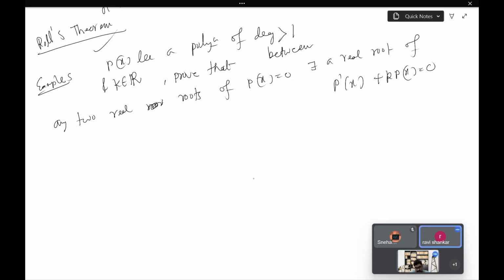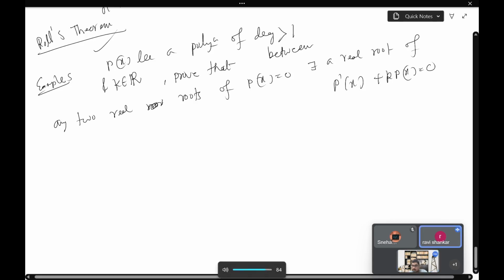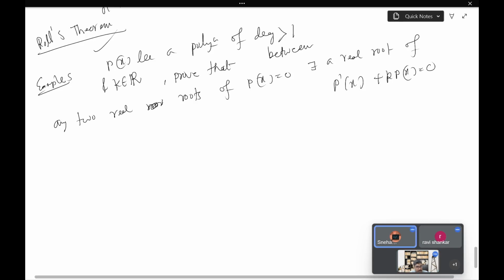Sir, in general, a polynomial function is a continuous function, right? Yes, and it is also differentiable.